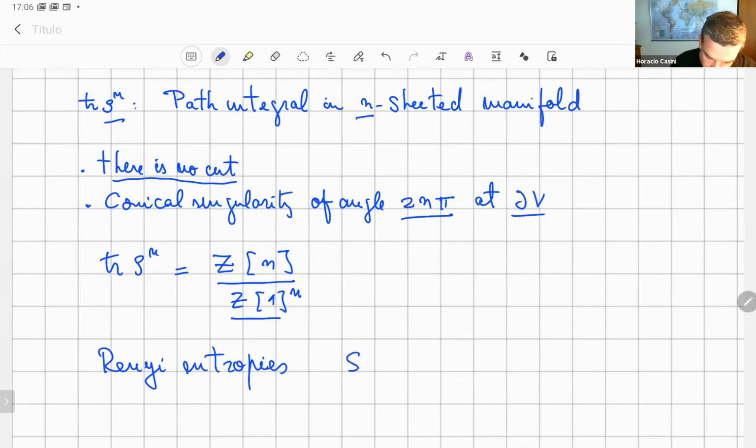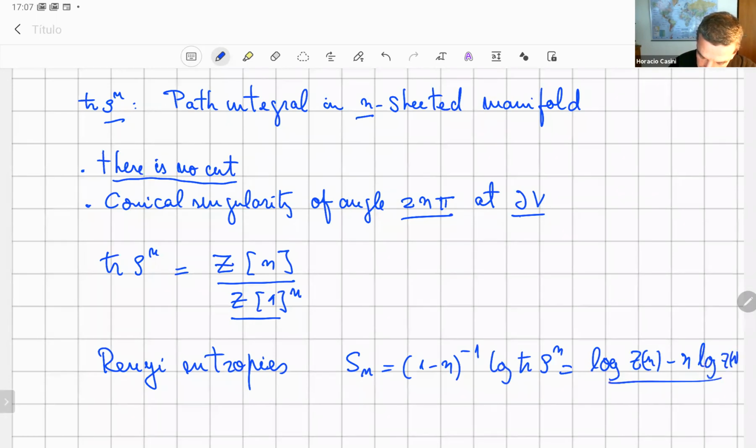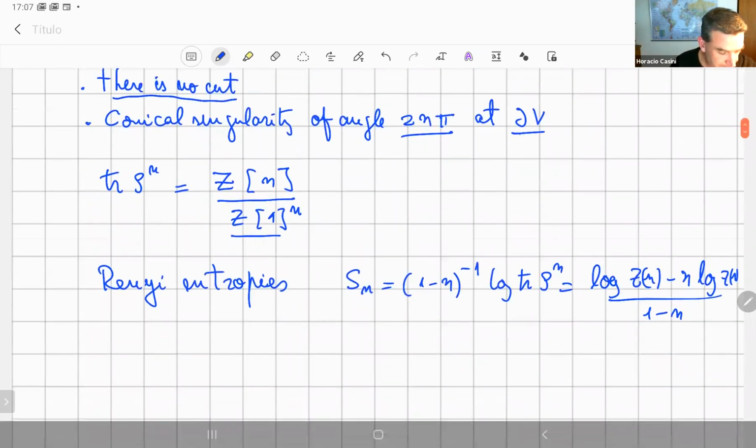Which are just basically the logarithm, except for a constant, of the traces of rho to the n, which have this expression in terms of path integrals.